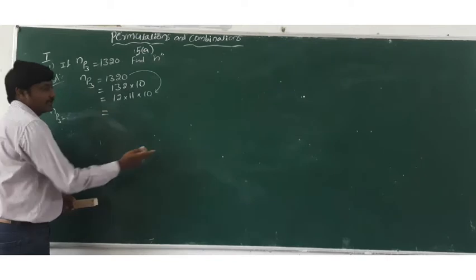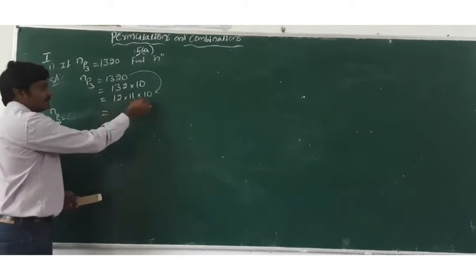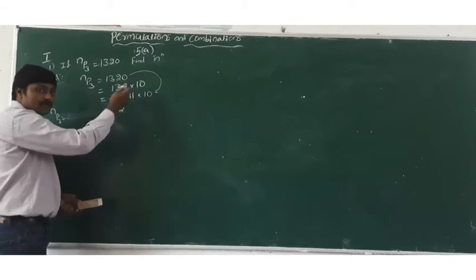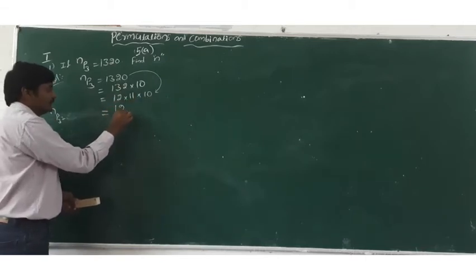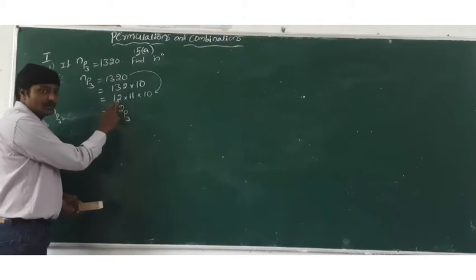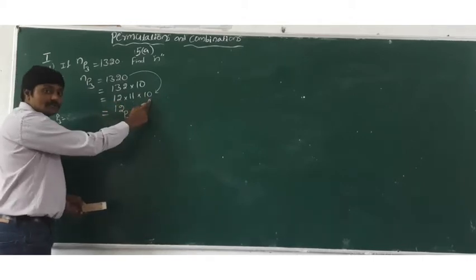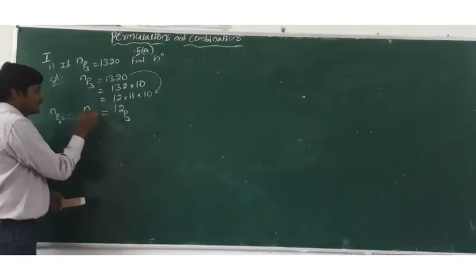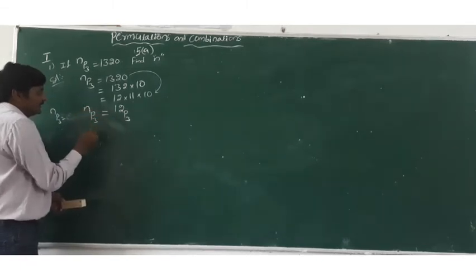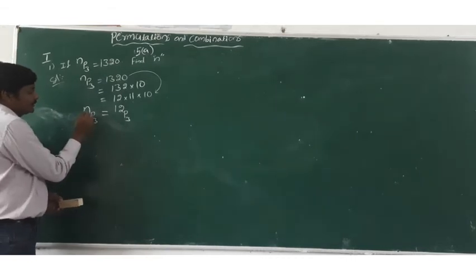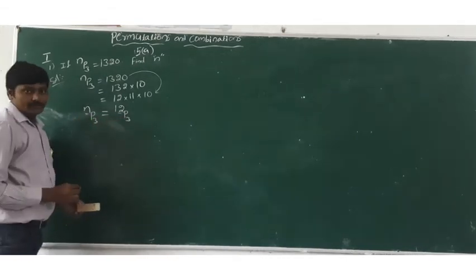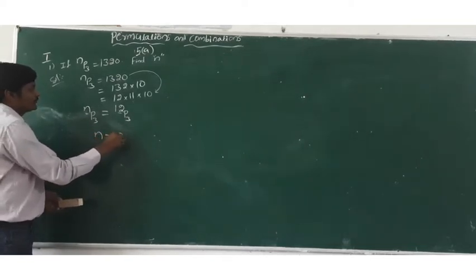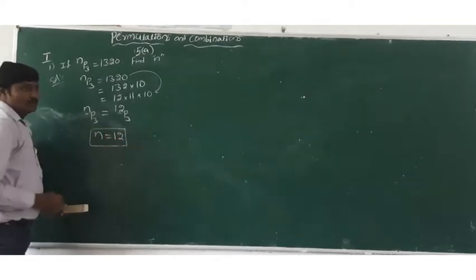This is 12P3, starting with 12 and taking three consecutive decreasing terms. Comparing both sides, in place of n we have 12. That's why n is equal to 12.